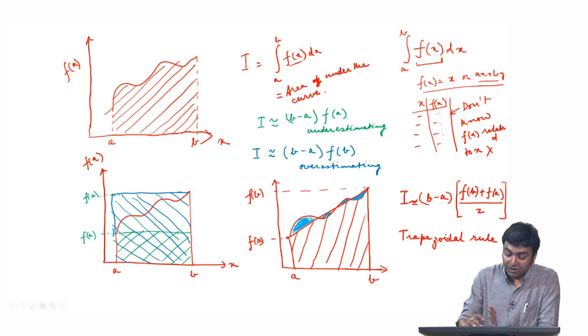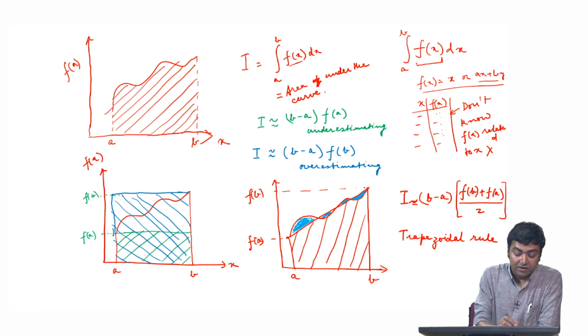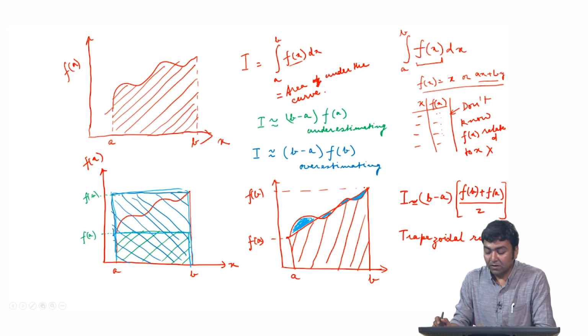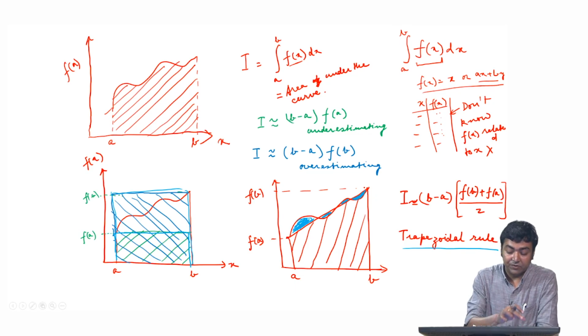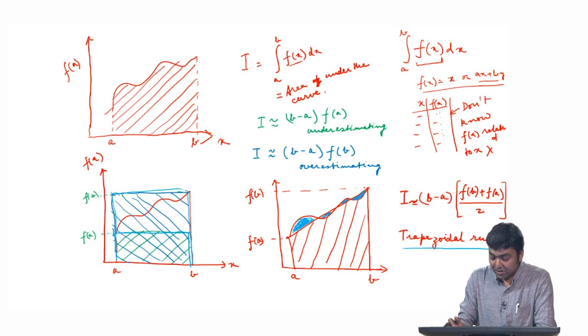But overall, this is a much better estimate than using only this part under the curve or only this part under the curve. So, the trapezoidal rule gives us a better estimate of the area than the rectangular ones.